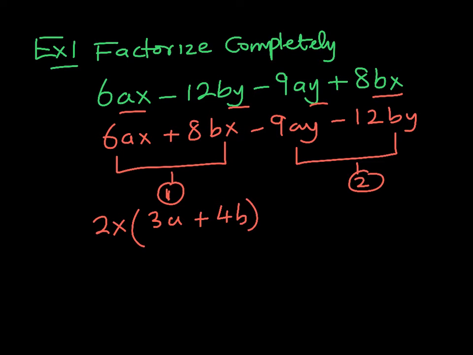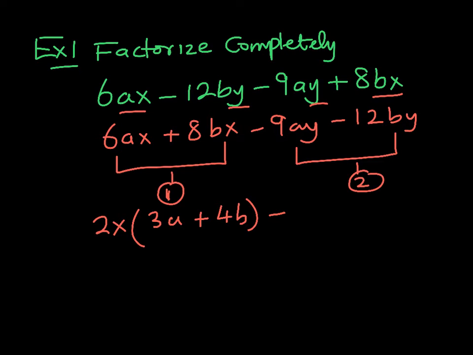Now we have the first factorization, but we still have a second part of it, the minus. So what is common between 9ay and 12by? Between 9 and 12, 3 is a common factor, and between ay and by, y is a common factor.